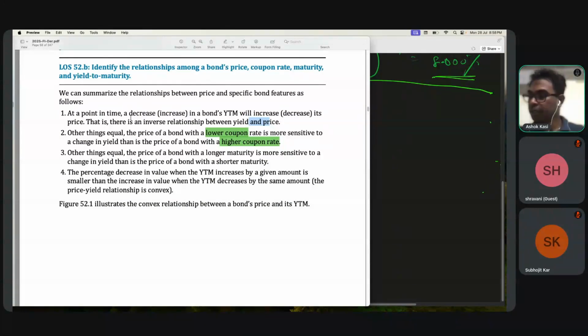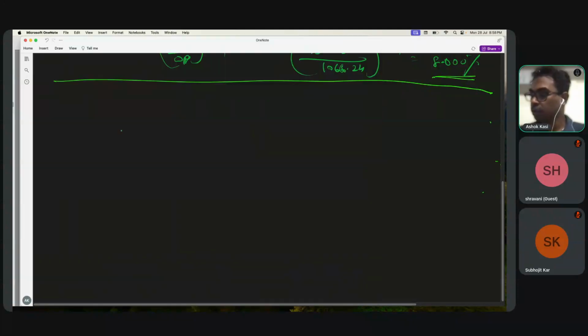So at a point in time, a decrease in your bond's YTM will increase its price. How is it possible? This is just an inverse relationship. You remember we did this in the initial stage of the bonds subject itself. I told you that every year Muthoot is giving you 10 percentage, and then suddenly the interest rate goes up to 13 percentage, and you want to sell your bond, which is 10 percentage.